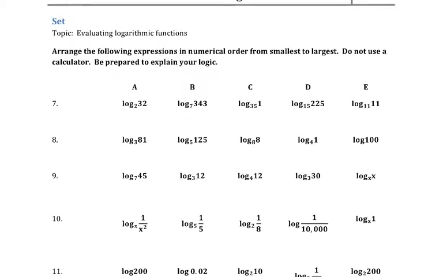Okay, now you should remember this, that logarithms are inverses of exponentials. So if I give you this exponential y equals b to the x, its inverse is going to be the log base b of y equals x.